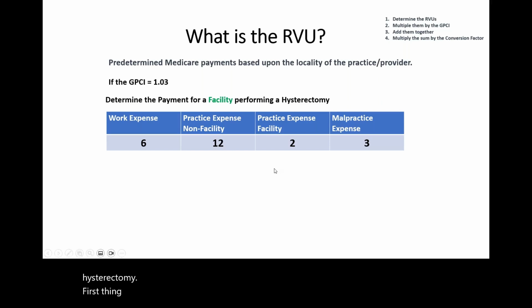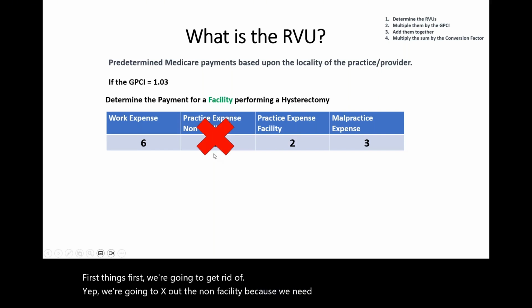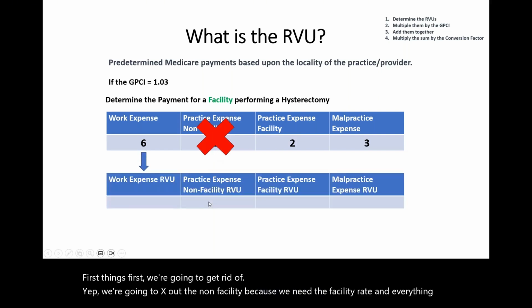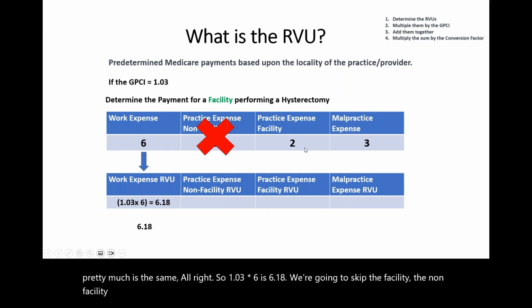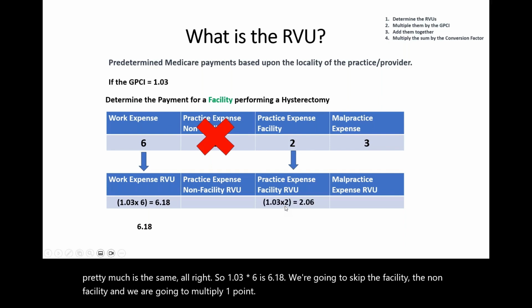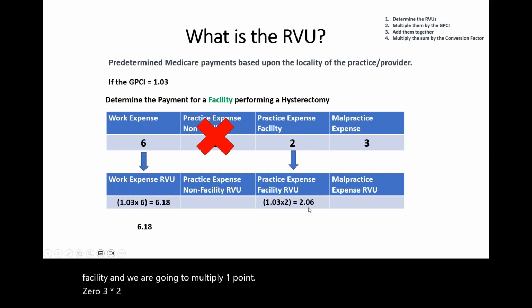First things first, we're going to X out the non-facility because we need the facility rate, and everything pretty much is the same. So 1.03 times 6 is 6.18. We're going to skip the non-facility, and we are going to multiply 1.03 times 2, and that equals 2.06. And then the malpractice will be the same.